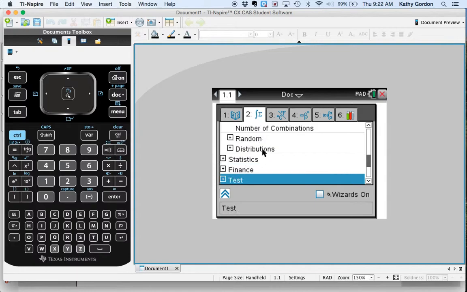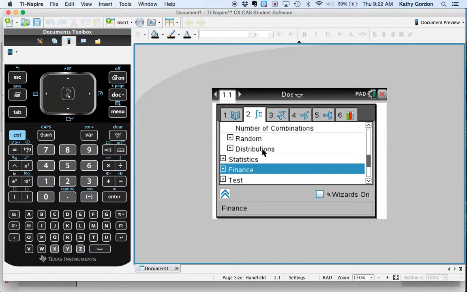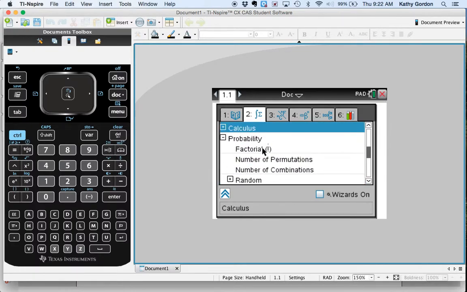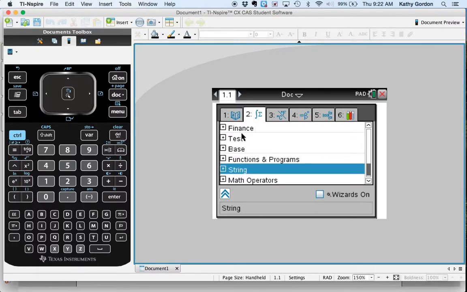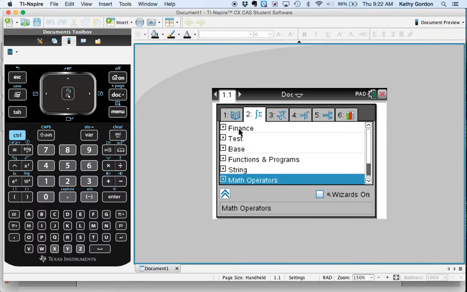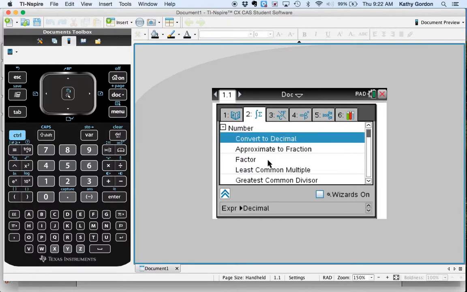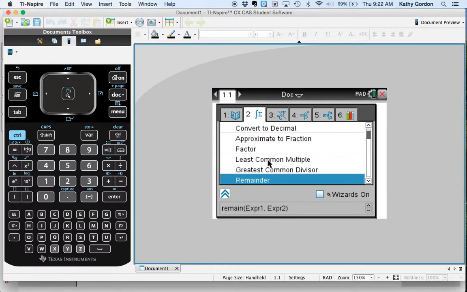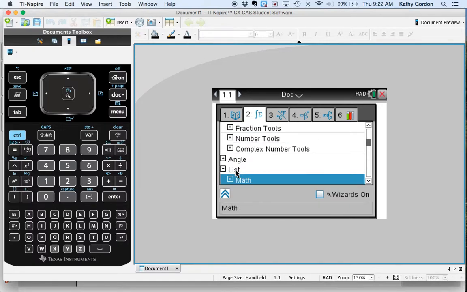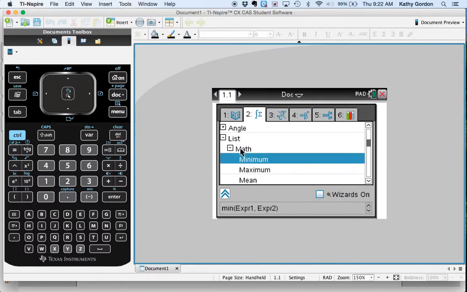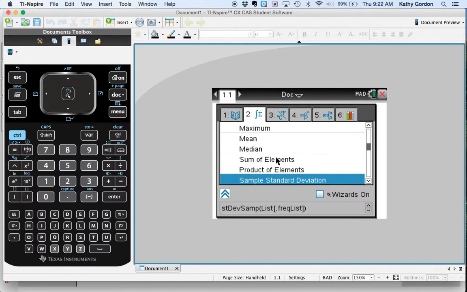Nope, it's not math. Sum of elements? Did you find sum of elements? Yeah, but it doesn't have the sigma sign. Was it in list? I think it might be a complex one. Isn't it in a different section anyway?